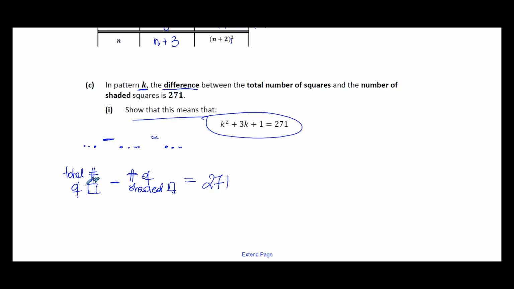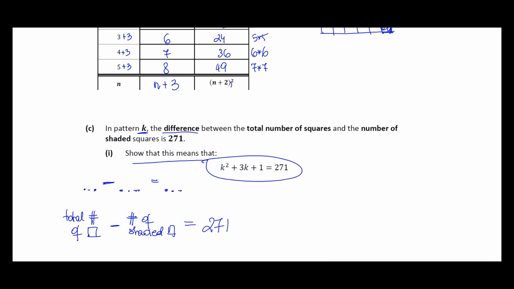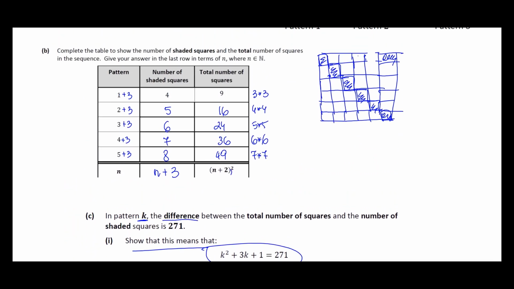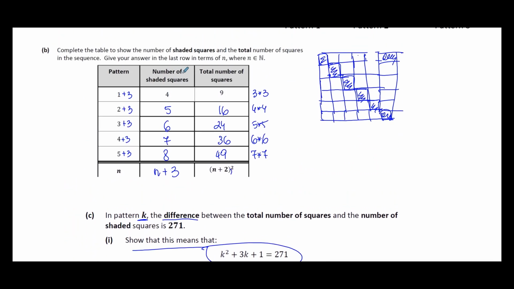Okay, so let's change that. How do I find the total number of squares? If you are out of ideas, always remember to have a look at the previous part of the question. There we had the number of shaded squares and the total number of squares.